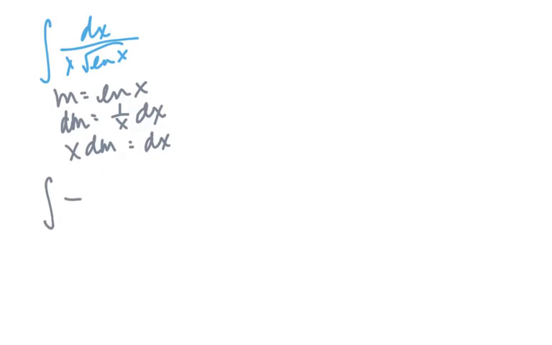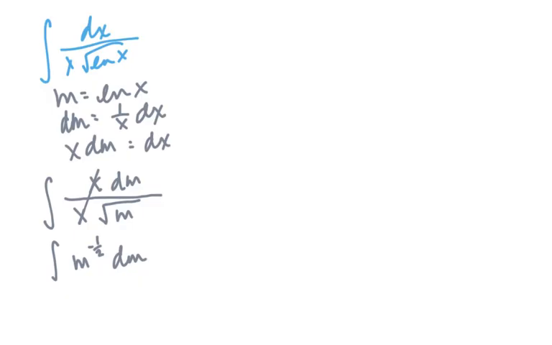So then you have the integration of, on the bottom, you still have x, and then the square root of m. And on top, we're going to put dx, which is x dm. So these cancel. I like my dm at the back. So let's say m to the negative 1/2 dm.